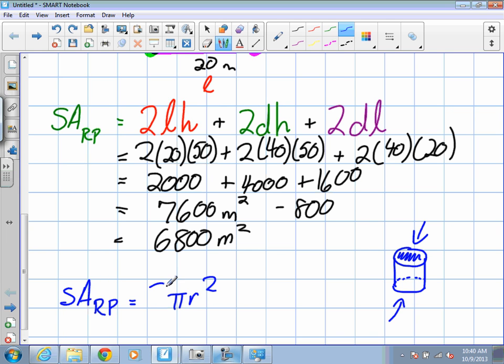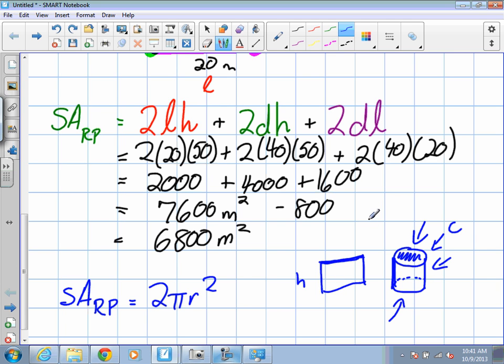Now the second part that's really hard about this is the shape in the middle is technically a rectangle wrapped around a circle. The height of this object here we'll call h. But the distance across here is actually the circumference of the circle. What is a formula for circumference of a circle? Pi times the diameter.